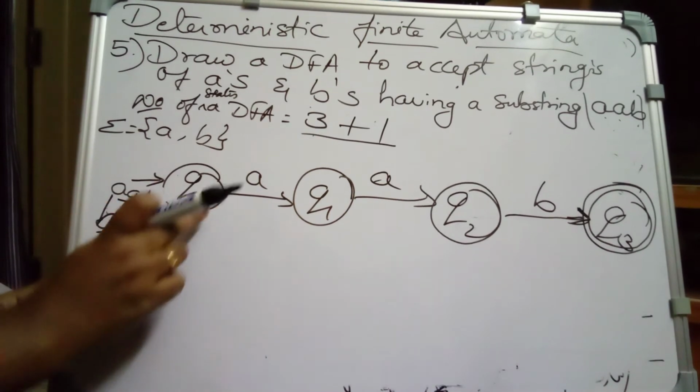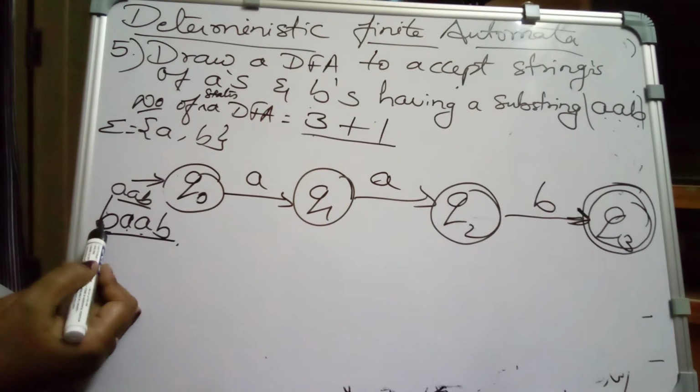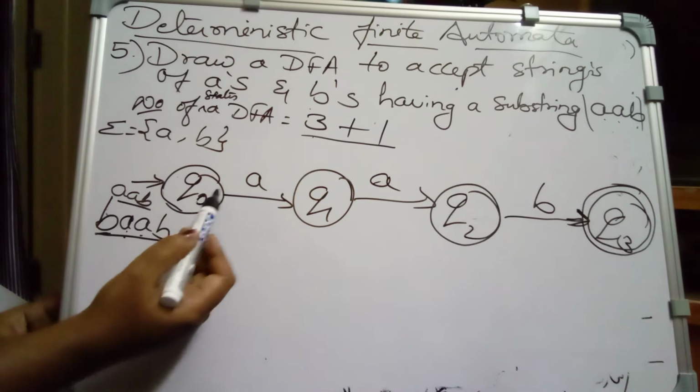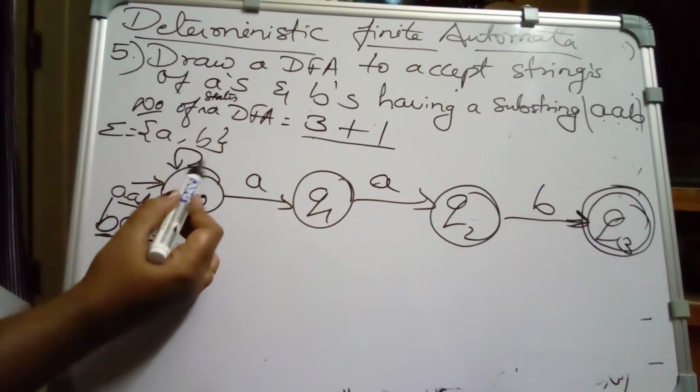Now at Q0, the minimal string possible: if it begins with B, BAAB should also be accepted. So Q0 also has the input symbol B. On B, I am looping here.